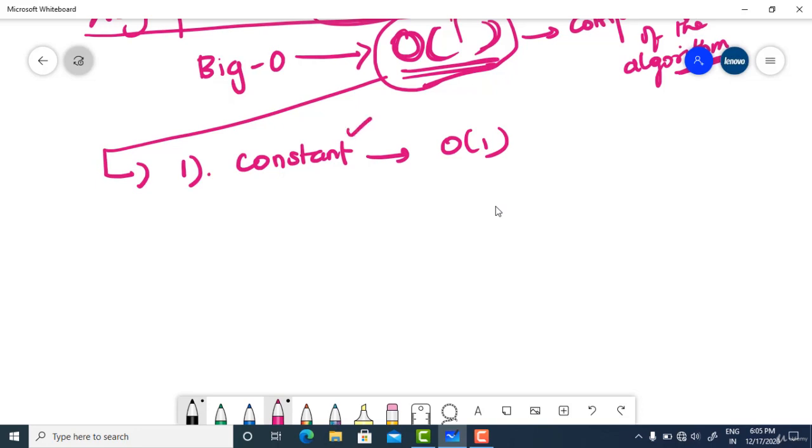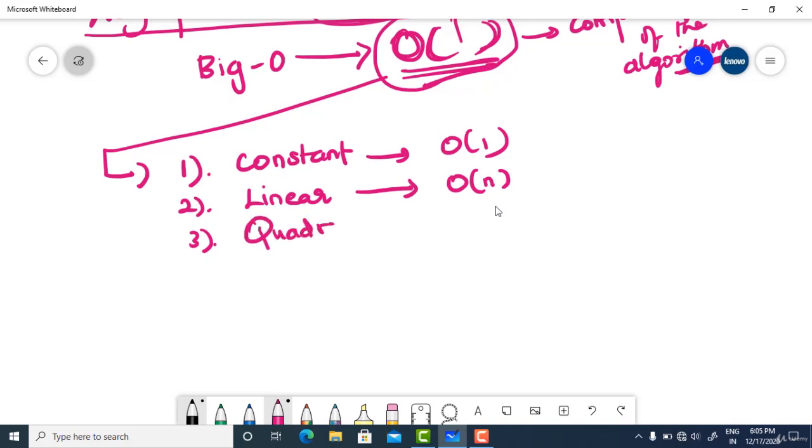Next one is linear time complexity, which is given by big O of n. Third one is quadratic time complexity. Before that we have logarithmic, that is way more efficient. So logarithmic time complexity is given by big O of log n. It is even more efficient than linear, guys.